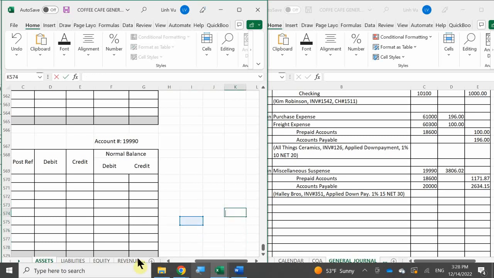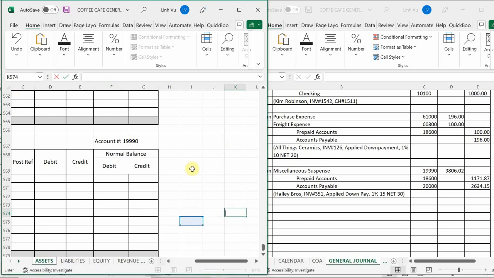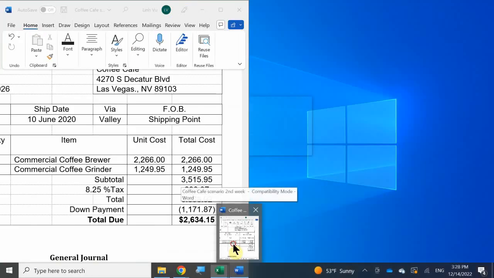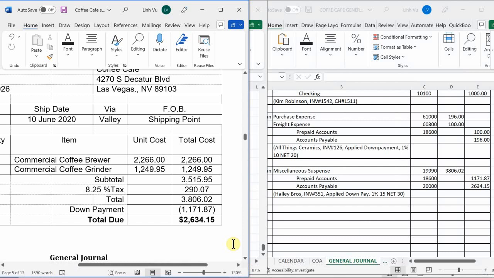Okay. So let's start with the first one. I'm going to do my chart up here this time. Let's call this my brewer, and we'll call this my grinder. Right now, how much was my coffee brewer? What did we originally purchase my coffee brewer for? We purchased it for $2,266.